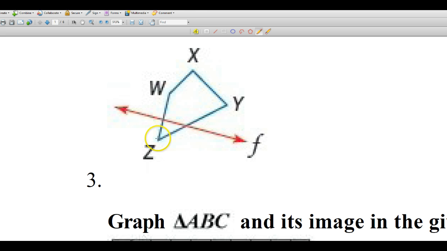So for number 3, I want a line perpendicular to the line of reflection, copy the distance to the other side, so Z prime would be here, and W prime. Let's back up, do that again. So Z prime would end up here, W prime would end up here, X prime would end up here.